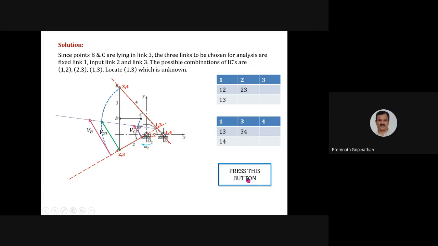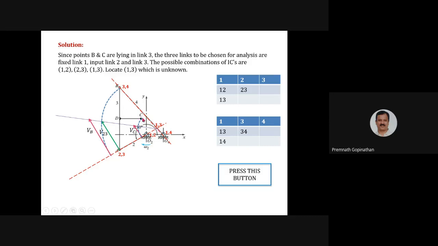Now, in this particular case, if you want to find the velocity of any point lying on link 3, you just transfer that point onto the line of centers corresponding to that link. Corresponding to that link means that the link should have a center of rotation with the fixed link. So in the case of the third link, it is 1, 3 itself.